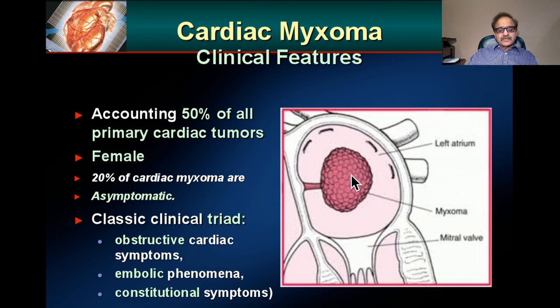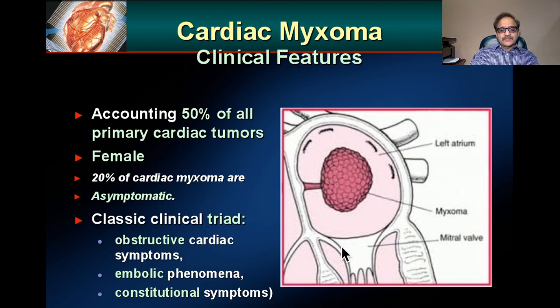So it keeps on moving with each cardiac cycle, so it can obstruct the left atrium, and a patient may present with symptoms similar to mitral stenosis due to increased left atrial pressure and increased pulmonary venous pressure. So the symptoms of dyspnea, orthopnea, paroxysmal nocturnal dyspnea may be most common.